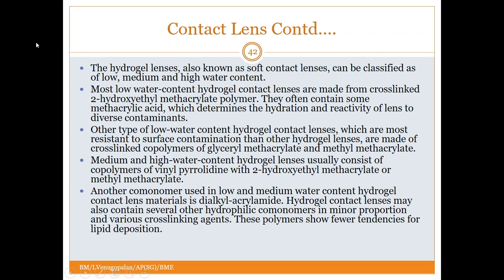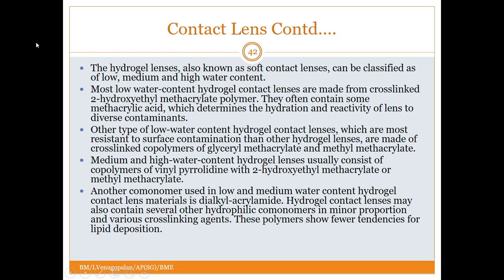Right. So there are other types of low water content hydrogel contact lenses as well, which are more resistant to surface contamination than other hydrogel lenses, and are made of cross-linked polymers of glyceryl methacrylate and methyl methacrylate. So if you add these two components, then they become more resistant to surface contamination.